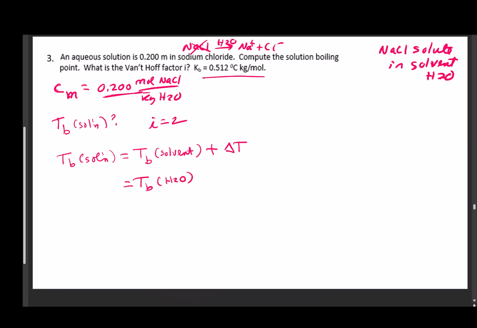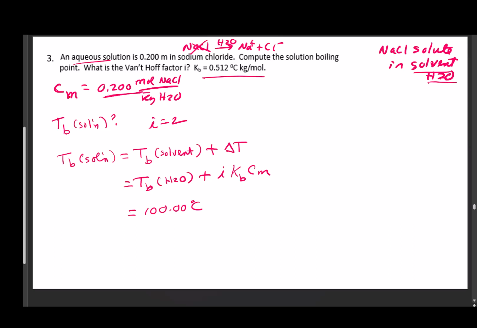You could have started out with this equation, delta T, but our delta T is i Kb Cm, right? It didn't tell you in the problem, but this is an aqueous solution. That means the solvent is water, and the boiling point of water is exactly 100 degrees Celsius. You can tack on as many zeros as you like.